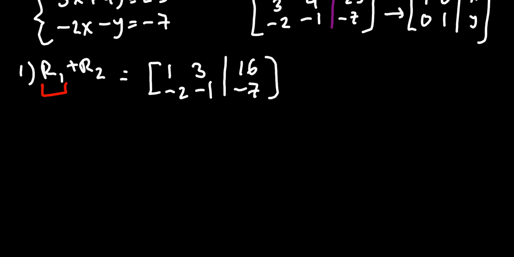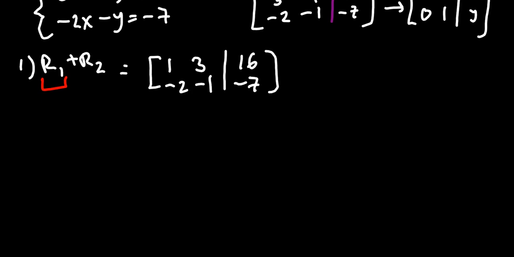So now, let's move on. We have a 1 now, but let's try to make a 0. One way to do this is we can change row 1, and we can add it with 3 row 2s, because we're going to have a positive 3 in row 1, and with 3 row 2s we're going to have a negative 3, so that means we're going to have 0 in the top row.